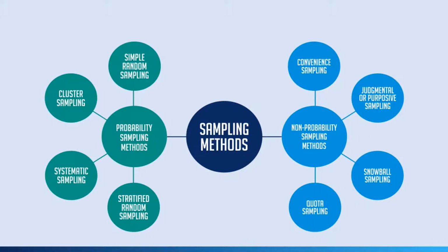Now, another is what we call stratified random sampling. Stratified random sampling involves a method where a larger population can be divided into smaller groups, which are called strata. These usually don't overlap but together represent the entire population.